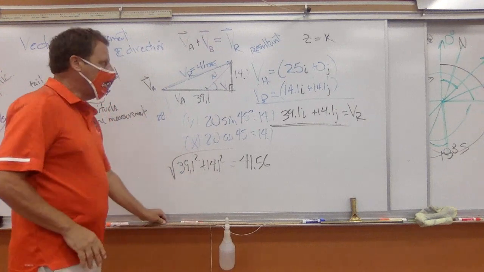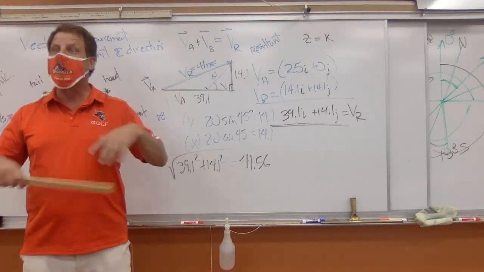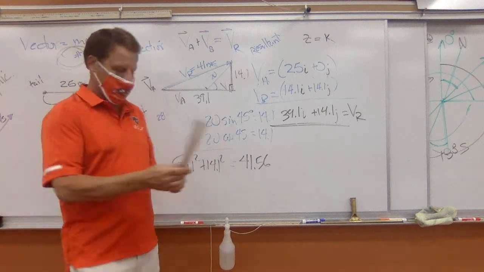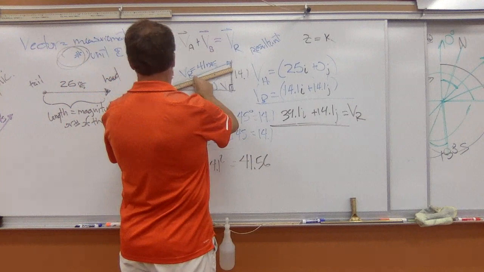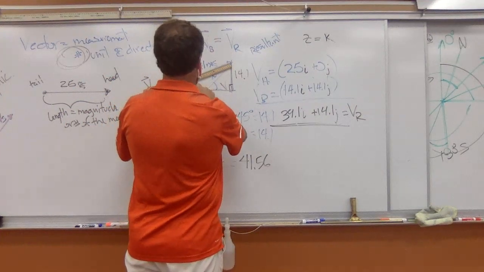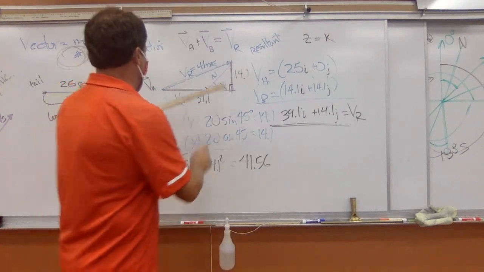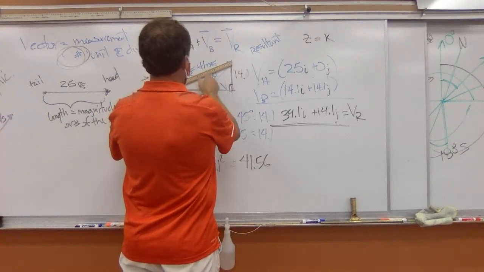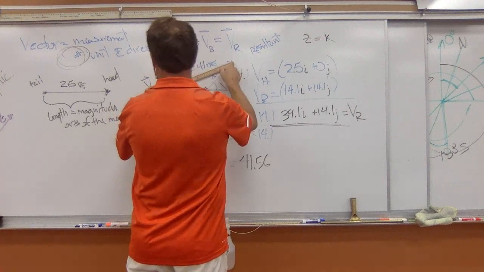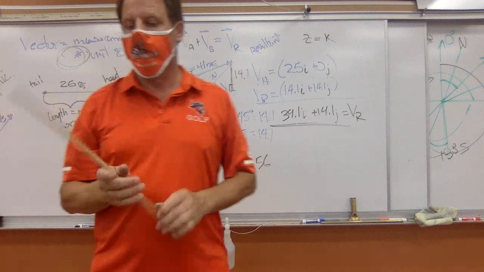Now, let's compare that with the actual length that we got when we added it graphically. When we added it graphically, we got, sorry, is that the right one? Yeah. So we got 10, 20, 30, we got 40. Okay, maybe 40 and a half.